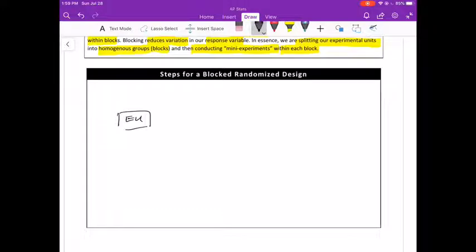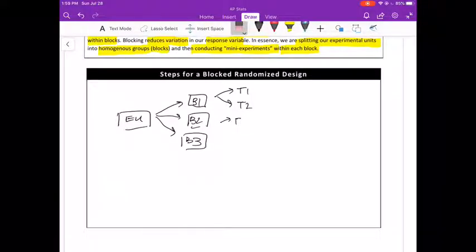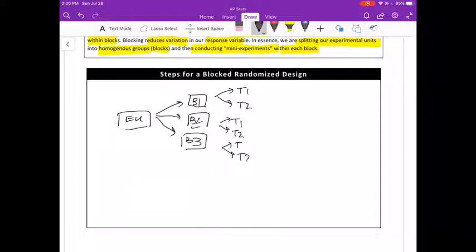Okay. And within that, you have block 1, block 2, and then block 3. And then within these blocks, you have your treatment groups. Okay.